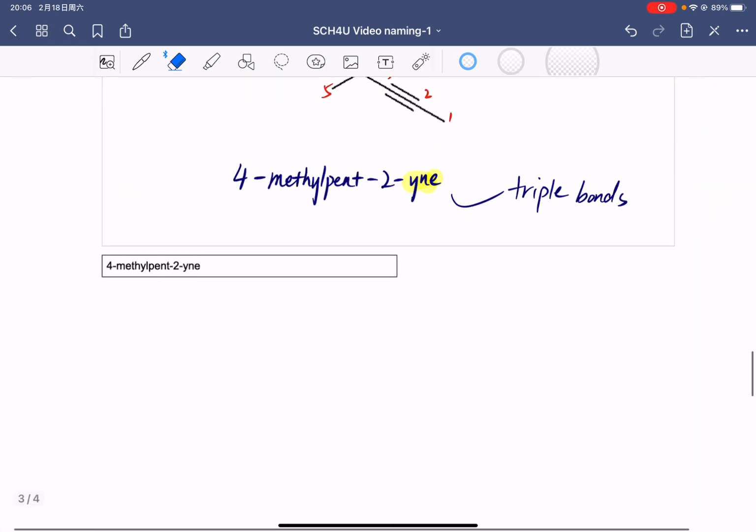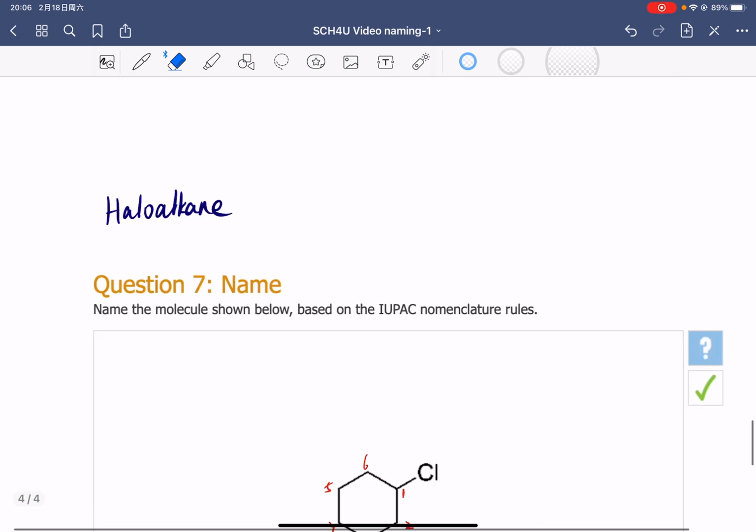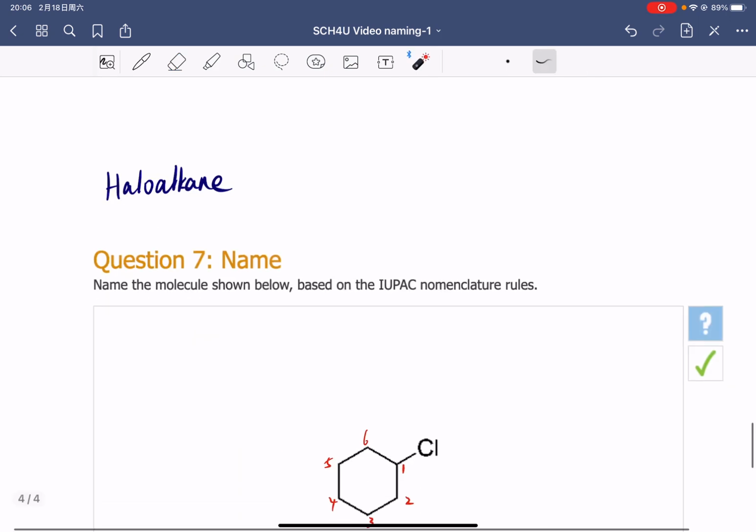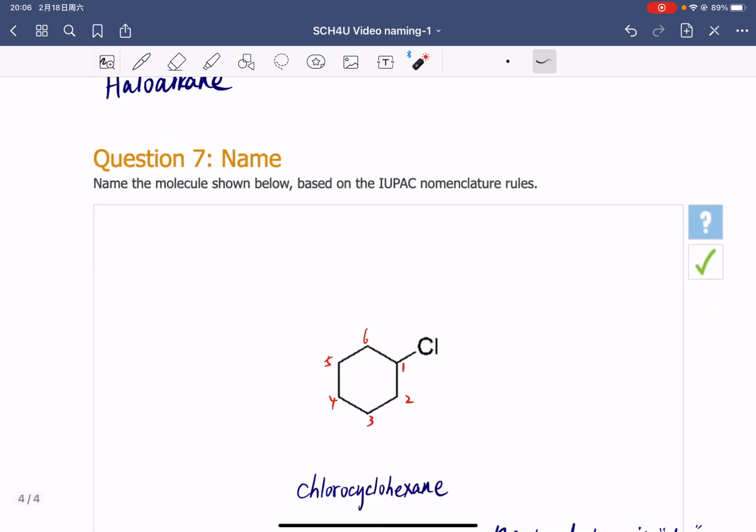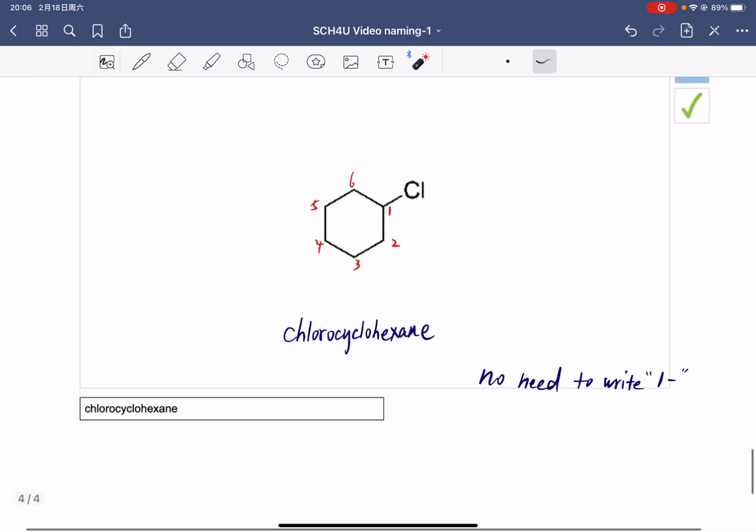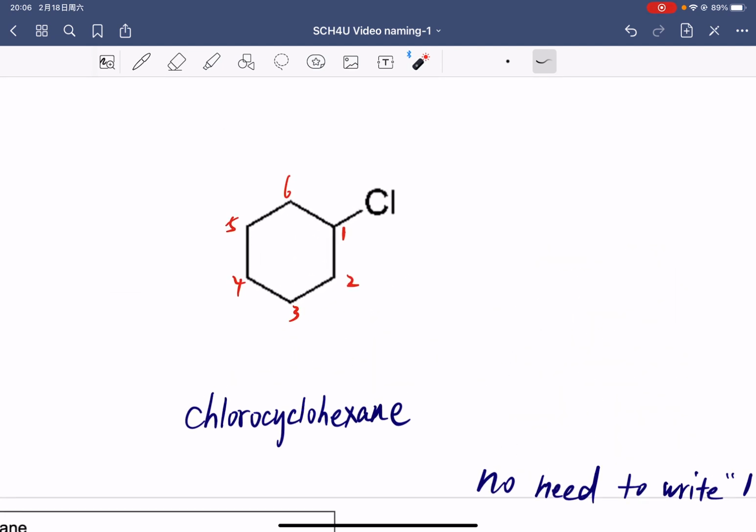Okay, so the last one will be our haloalkane. As we can see, it's an alkane, which means there are no double bonds or triple bonds. They're just connected by single bonds. So we have to find out the main chain first of all. It's also a cyclic shape, as we can see, and it has 6 carbons.